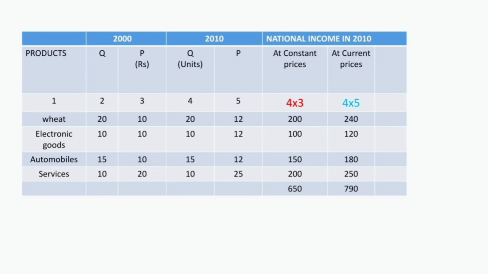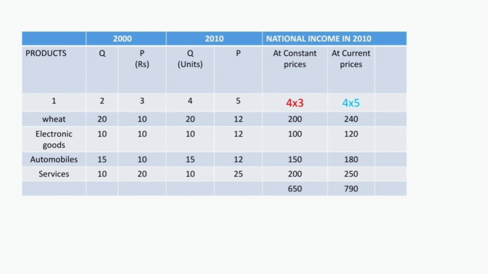So according to the given example, it is 200 rupees for wheat. That is price of the base year into quantity of the current year, price of 2000 into quantity of 2010. That is at constant prices. In a similar manner, we can calculate for electronic goods, automobiles and services.